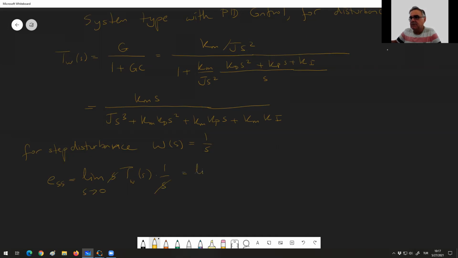So it is the limit S goes to 0 of S times KmS over JS cubed plus all these things from here. I'll just quote them, I don't want to write them again. Times 1 over S. You see these S's cancel, but you have this free S term here. And then you are taking a limit going to 0. This goes to 0.